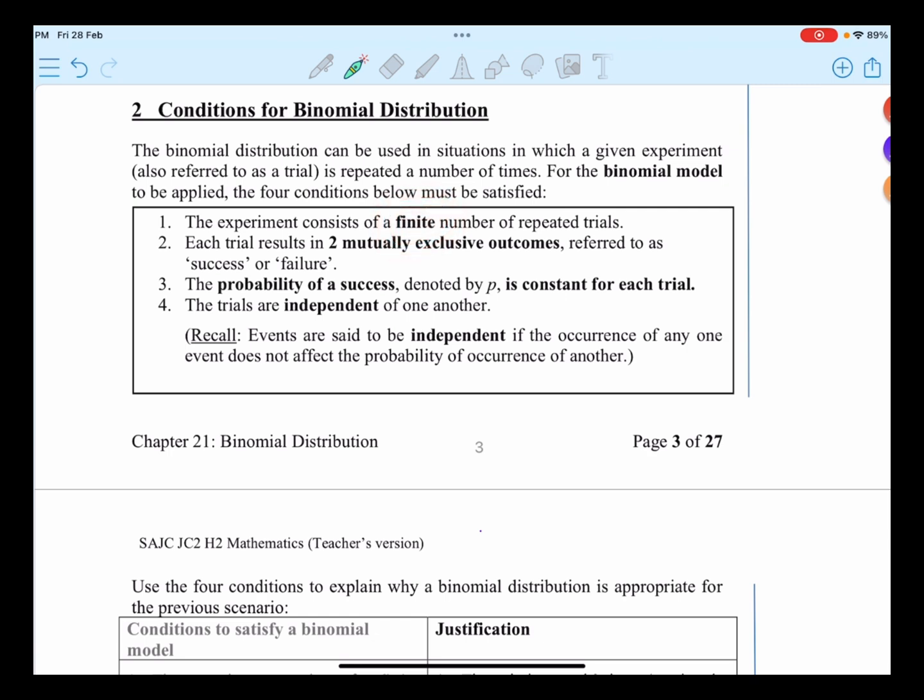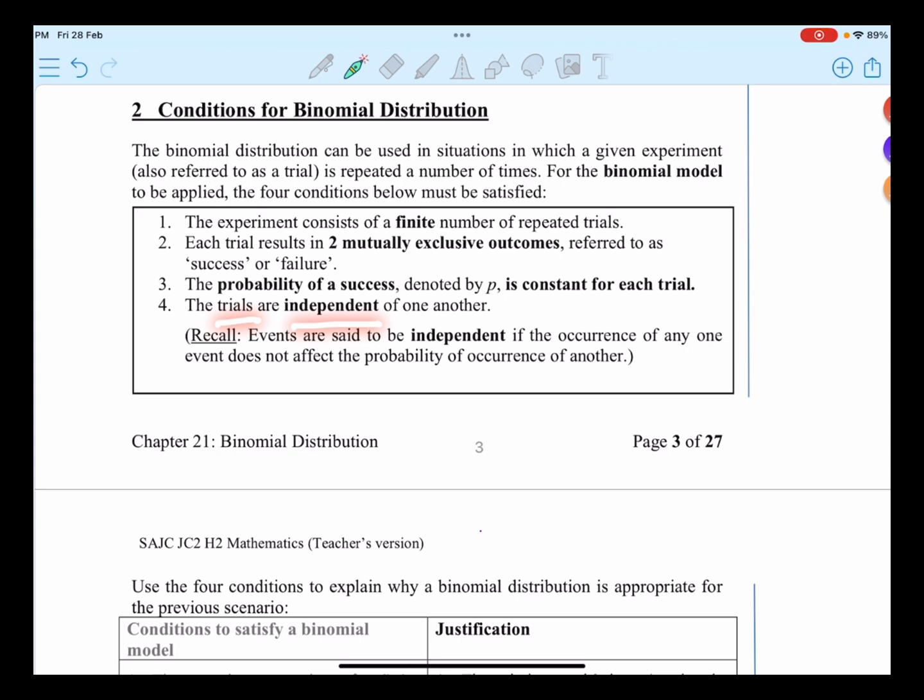The next one is each trial results in 2 mutually exclusive outcomes, which are referred to as success or failure. The next one is the probability of a success, which is usually denoted by p, is constant for each trial. The last one is the trials are independent of one another.